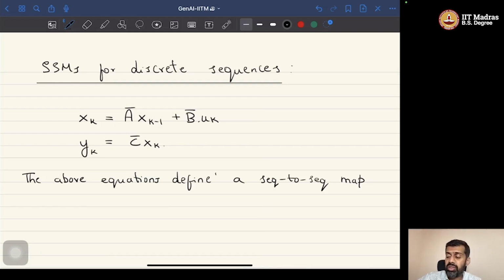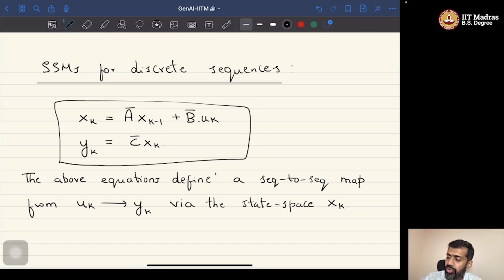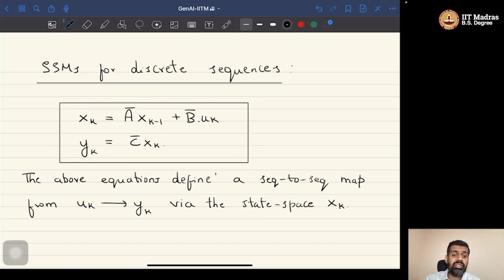Here we have a sequence to sequence map from a sequence u_k to a sequence y_k via the state space x_k, right? So this is exactly what we have. So this is the basis of all the modern day state space models that are employed in practice.